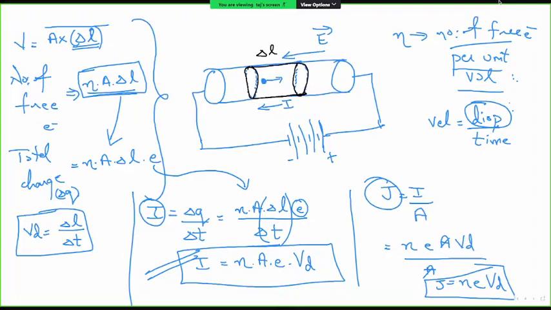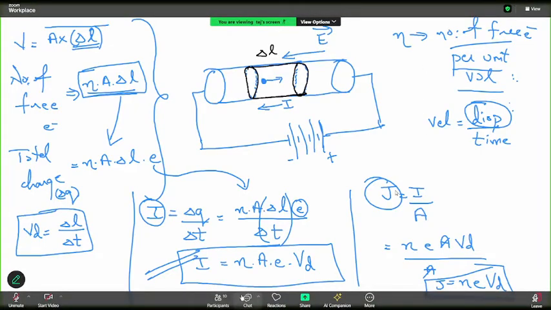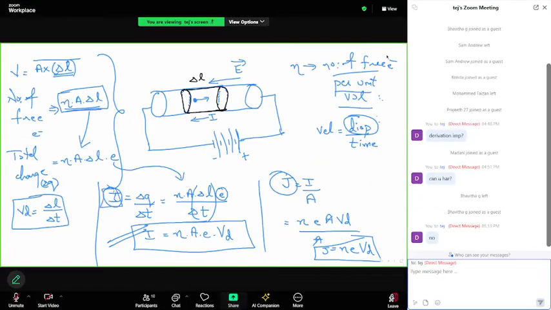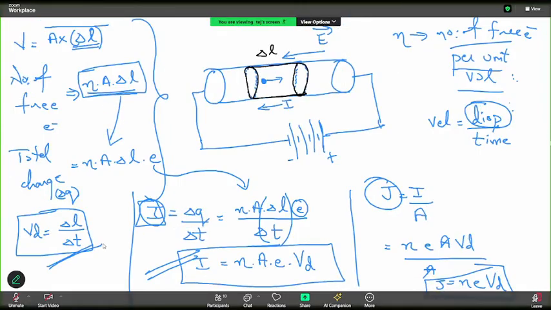Done. I'll go to the next slide. This has to be below that VD part, okay? The J part has to be below the I part. It has to be one below the other. Remember that.